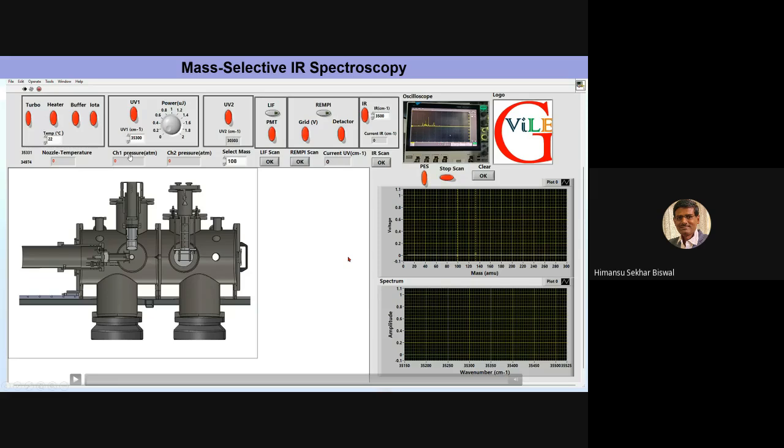CH1 stands for chamber 1, then chamber pressure 2. Once I have ions, I can select the mass. Then I can do laser induced fluorescence. I scan one of the lasers and can record the REMPI spectrum. LIF and REMPI have a difference: REMPI has mass selectivity, where LIF doesn't. Then the current position, then we can do the spectroscopy.